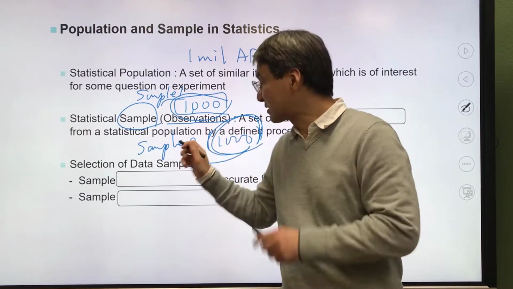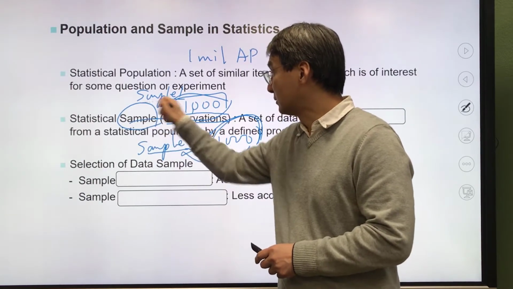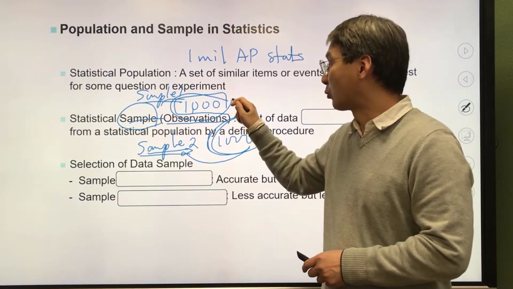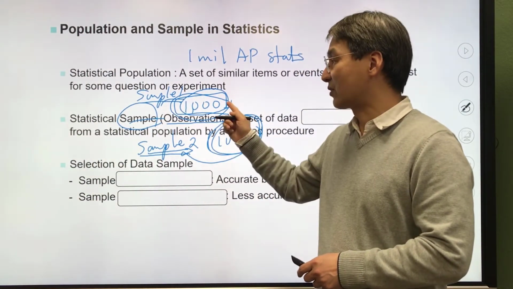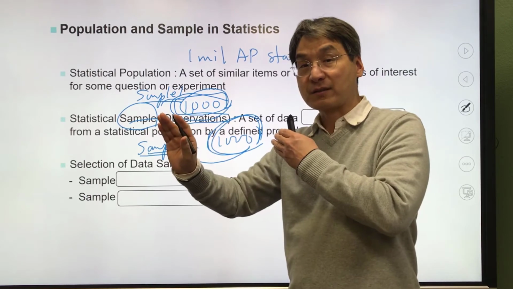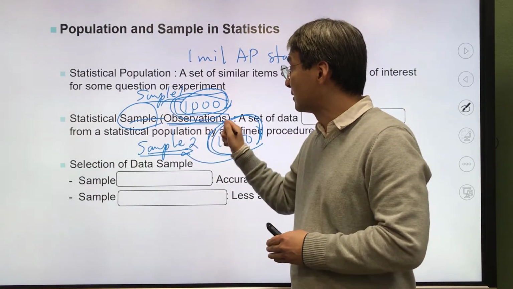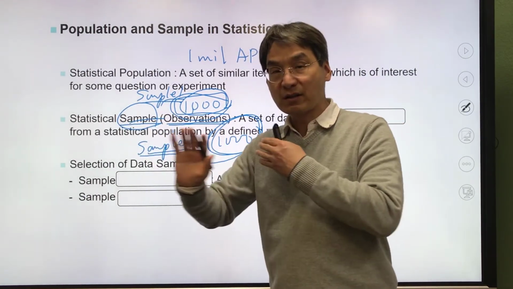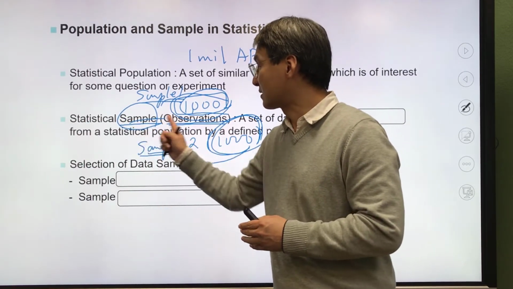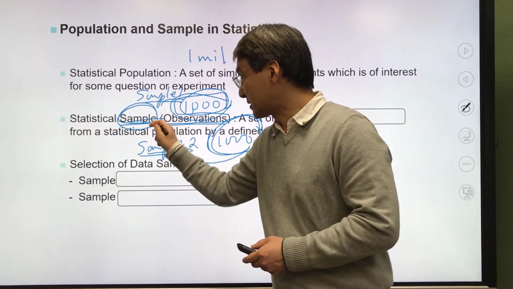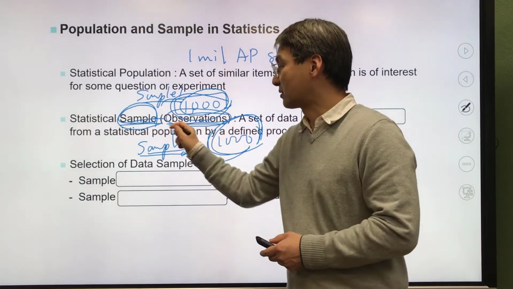So the number of samples is two. However, the number of observations for each sample is 1,000. They are completely different. We need to have a clear understanding about the definitions of sample, number of samples, and number of observations.